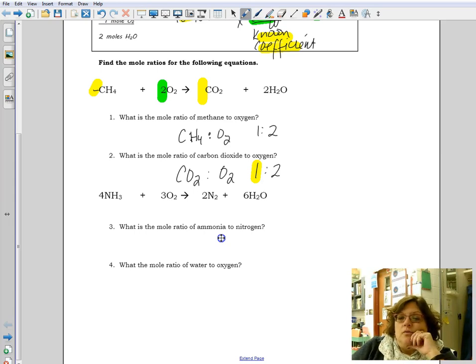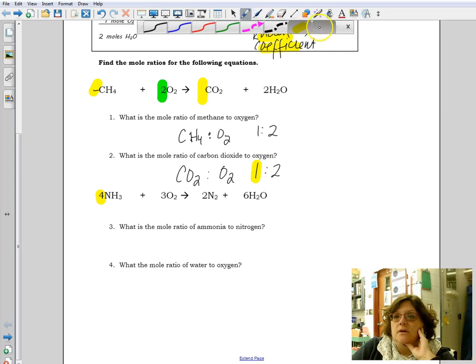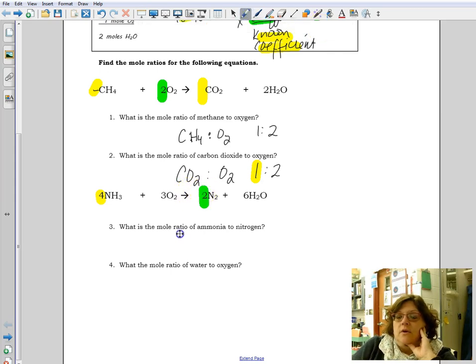The next question, what is the mole ratio of ammonia to nitrogen? If we have 4 ammonias and we want to compare to nitrogens, we have a 4 to 2 ratio. What's the mole ratio of water to oxygen?